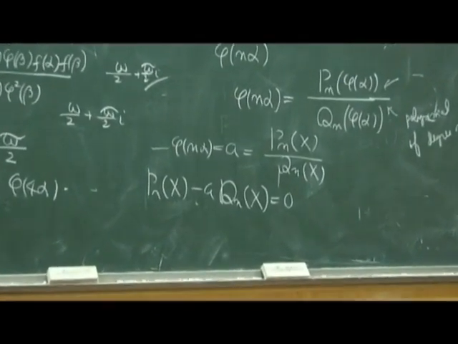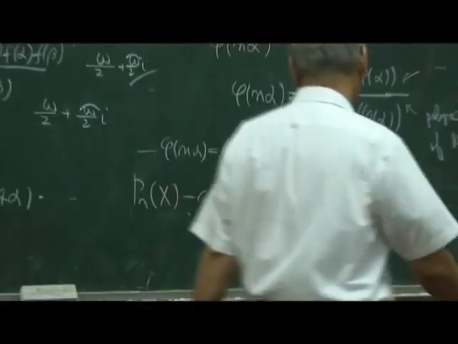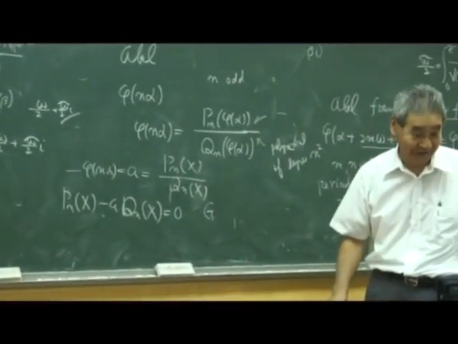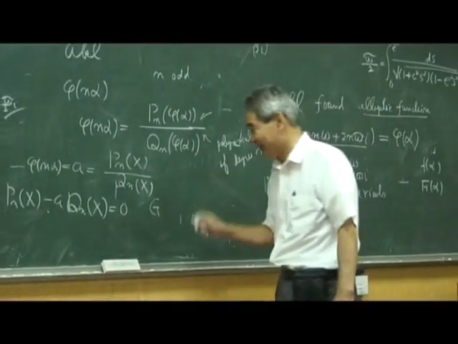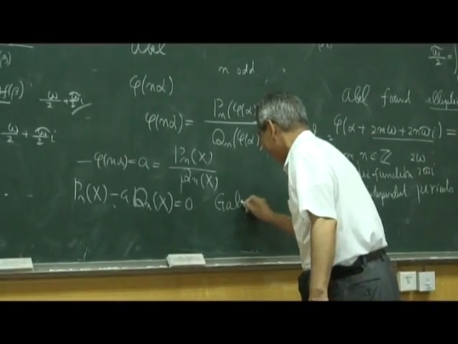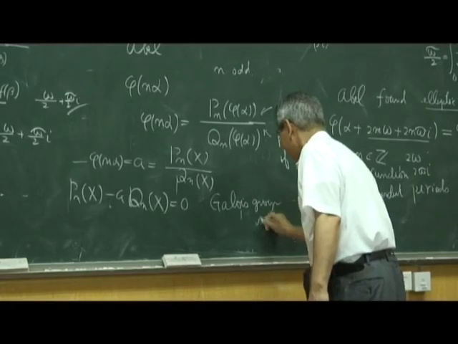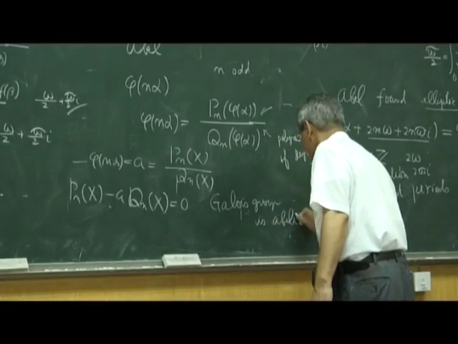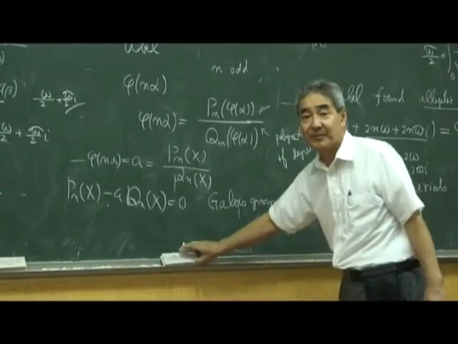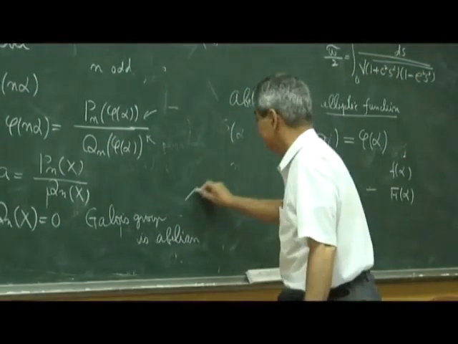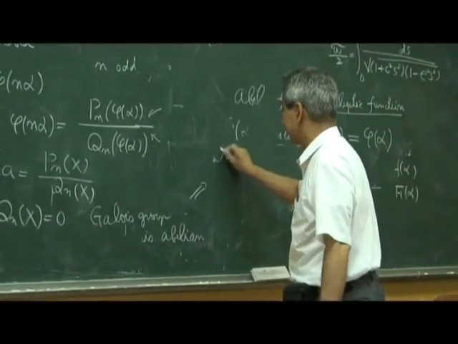And then Abel found that the Galois group, of course he didn't know that name and didn't use this notation, but since you know the name Galois group, is abelian, so that you can solve it algebraically.